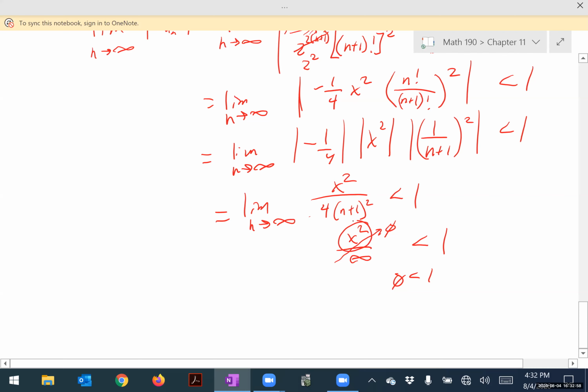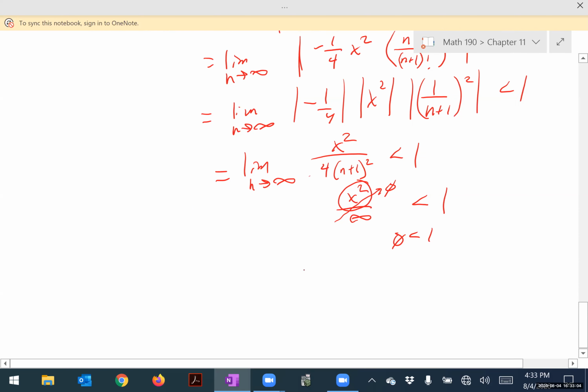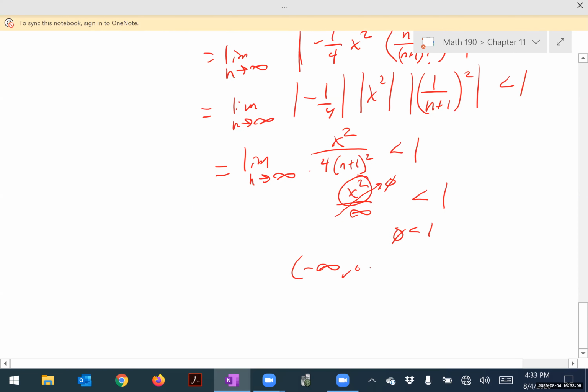You could plug any x you wanted in there, and it's always going to converge. So we would say that this goes from negative infinity to infinity. That's the domain of this thing, or we could say that the domain of J naught of x is all real numbers. It's just all real numbers.